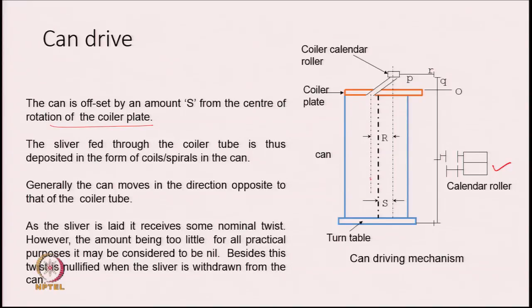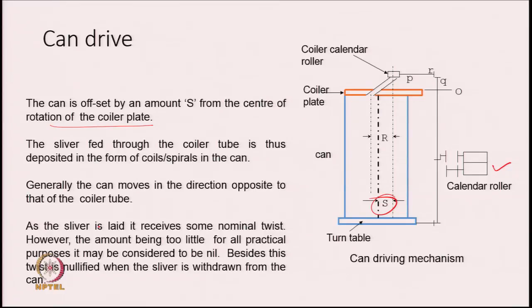If we see here the diameter of the plate and the center line, if we compare, then we will see there is a small distance s between these two, and that distance is shown here. The can is offset by an amount s from the center of rotation of the coiler plate. Generally, the can moves in the direction opposite to that of the coiler tube.